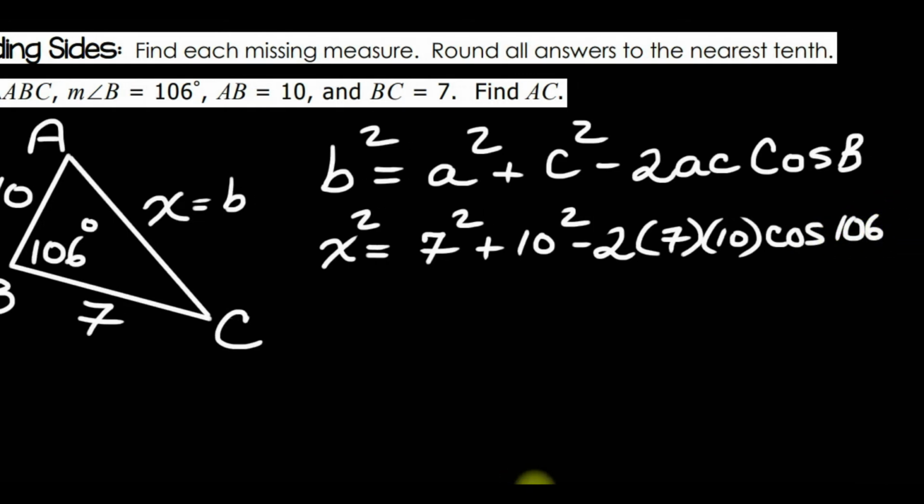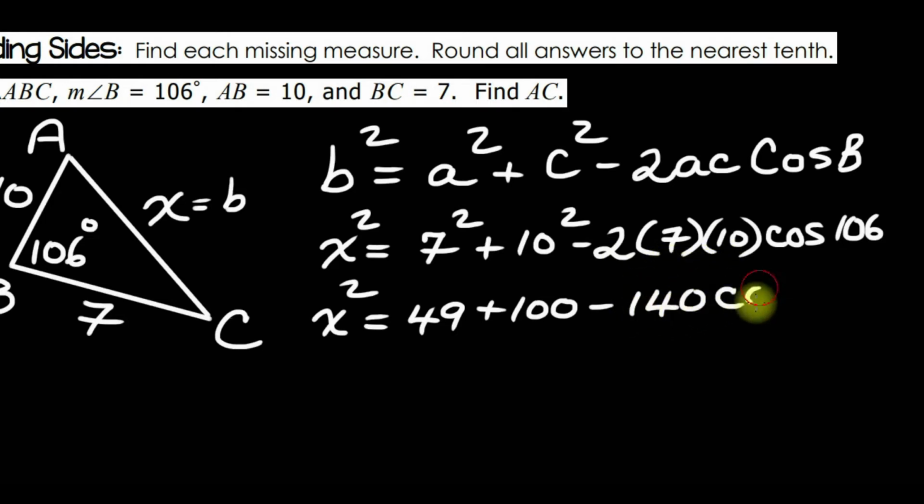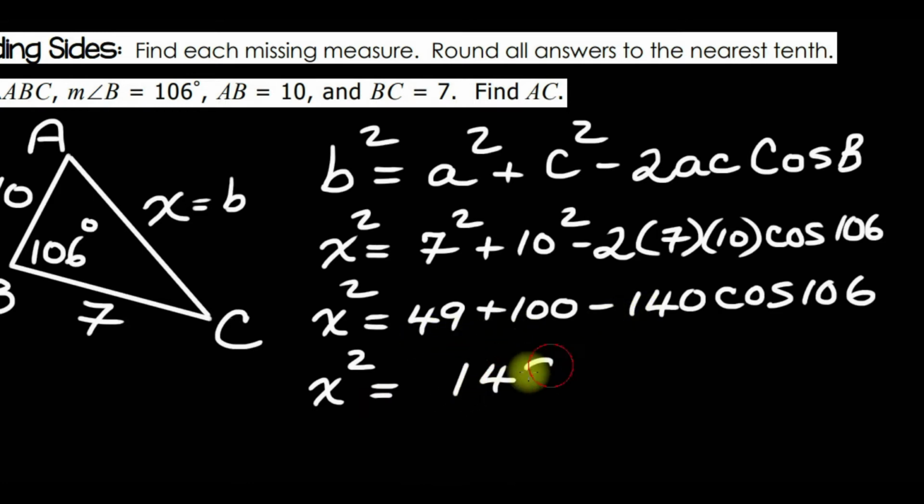So now we're just going to solve for x, and that is going to give us side B. Here x squared is 49 plus 100, take away 2 times 7 is 14 times 10 is 140, and then cosine 106 degrees. When you add, you get 149 take away 140 cosine 106.